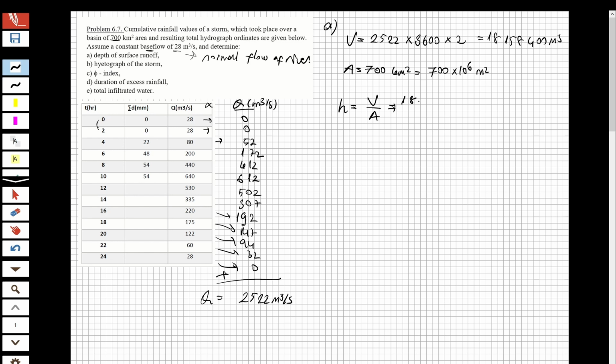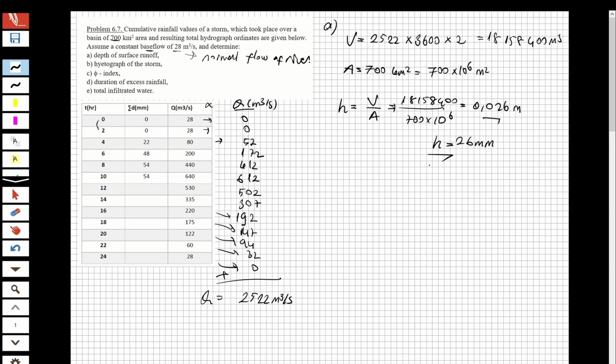It's going to be 18,158,400 divided by 700 multiplied by 10 power 6, equal to 0.026 meter as the depth of surface runoff. Let's convert it to millimeter. It's going to be 26 millimeter as H. So now we have determined the depth of surface runoff.